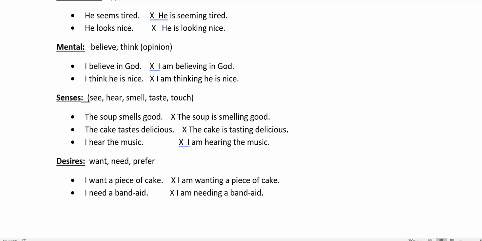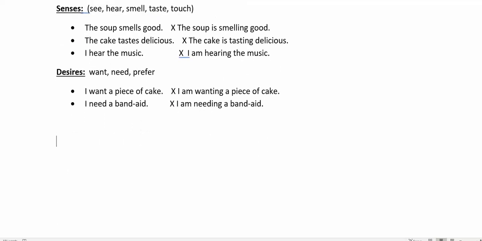All right, let's talk about some exceptions. Do you know what the word exceptions means? An exception means different from the rule, or doesn't follow the rule.